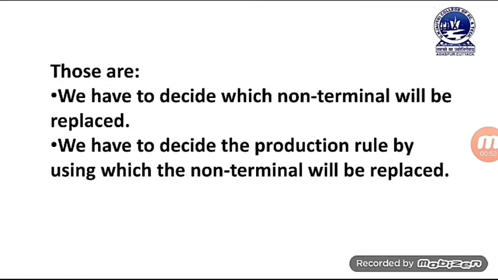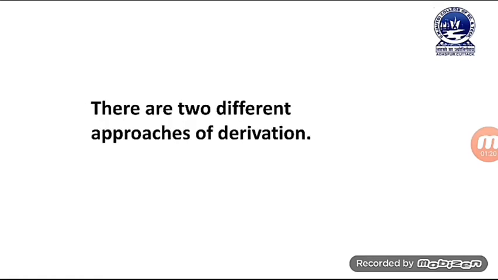Now we will discuss two major decisions which must be taken during parsing. The first one is which non-terminal will be replaced, and the second one is which production rule will be used to replace the non-terminal. It means the two important factors we must consider are which non-terminal will be replaced, and which production rule will be implemented.